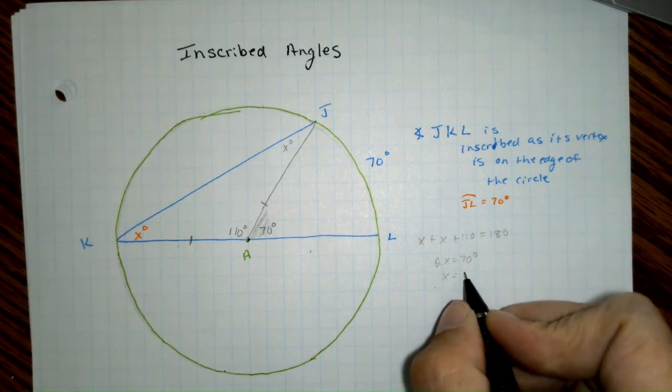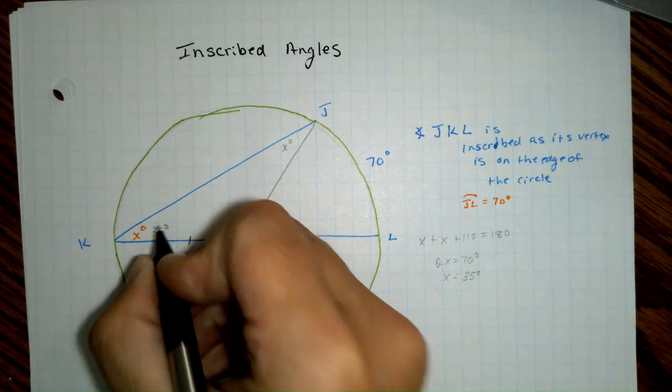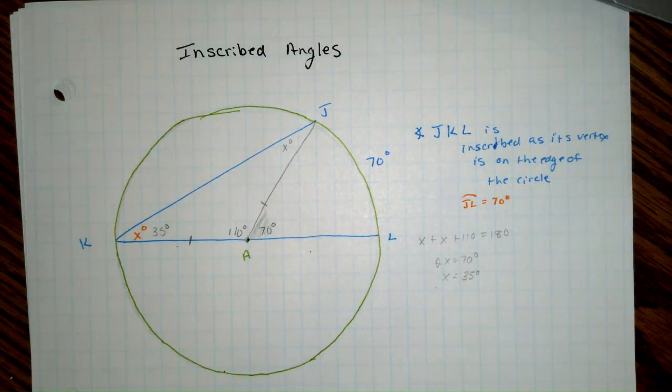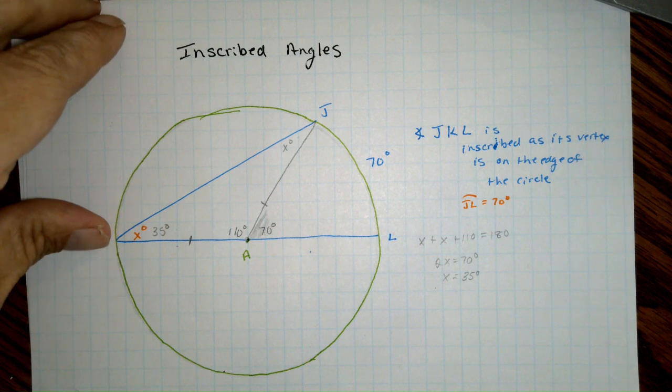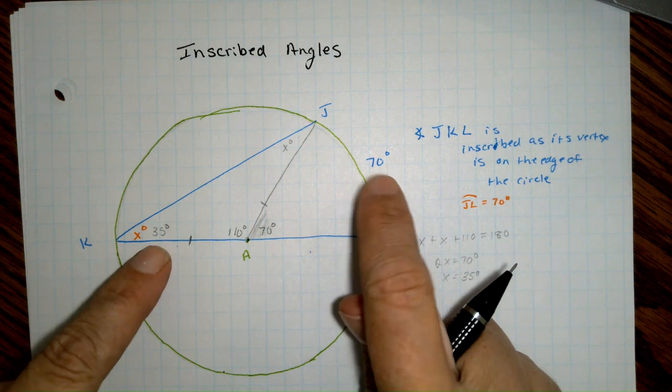So x has to be 35 degrees. Okay. Would that always work? 70, 35.